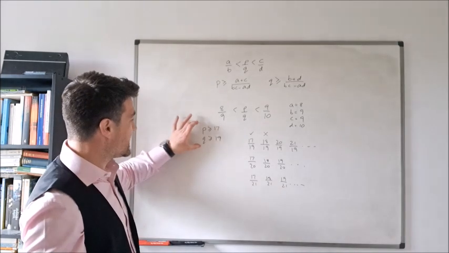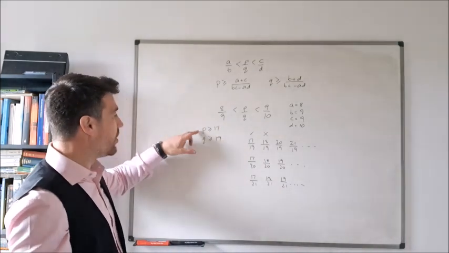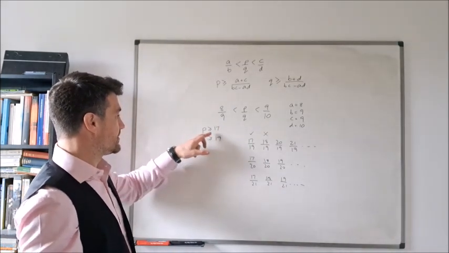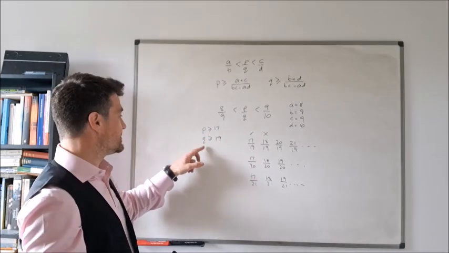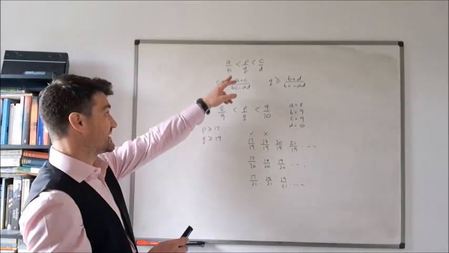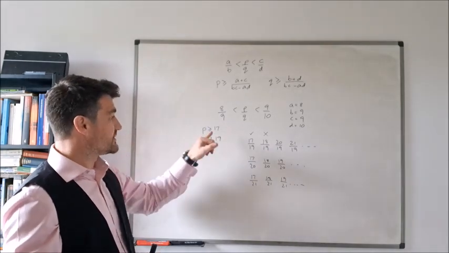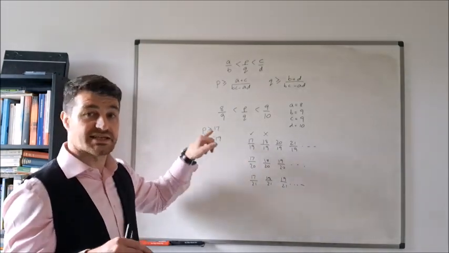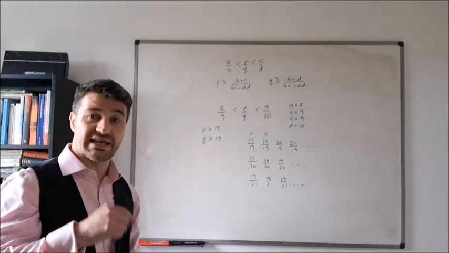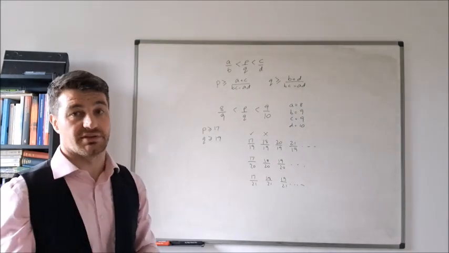What this is not saying is that any and all numerators greater than or equal to 17 and denominators greater than or equal to 19 will satisfy this. This is just P must be greater than or equal to 17 at the very least. It's a necessary condition, but it's not a sufficient condition.